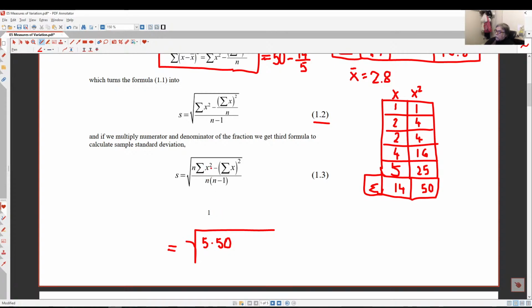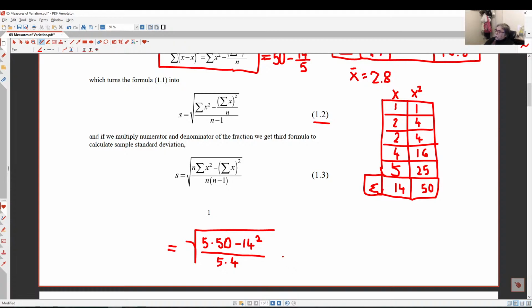So this is the sum of x squares times n, 50, minus the sum of x's, which is 14, ought to be squared. So subtracting 14 squared. And then you divide that by n, 5, times the degrees of freedom, n minus 1, 4. So n multiplied by n minus 1.